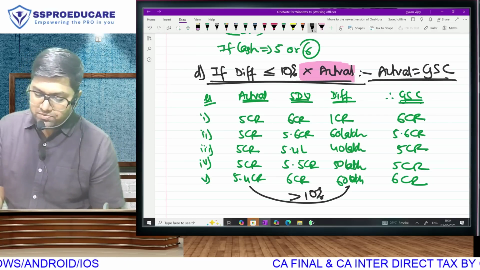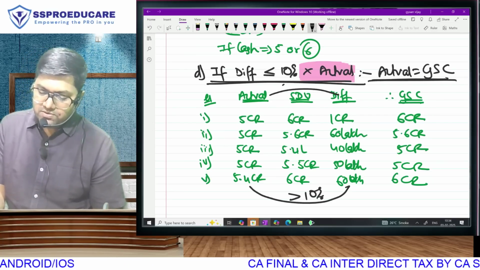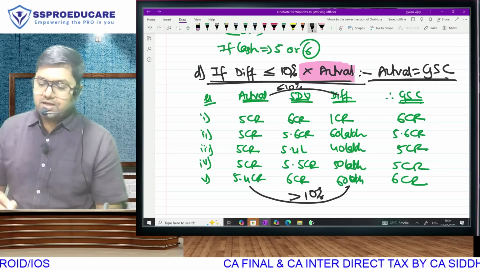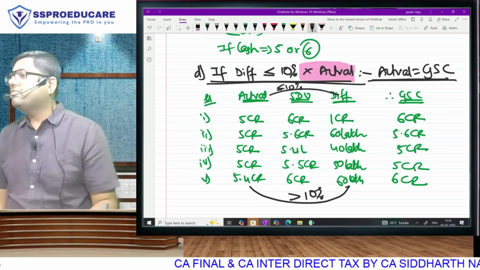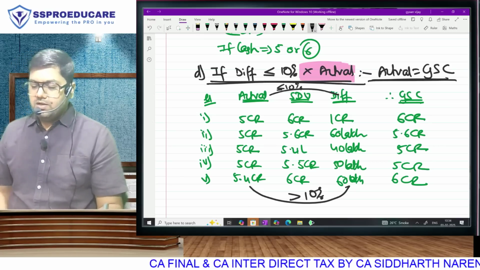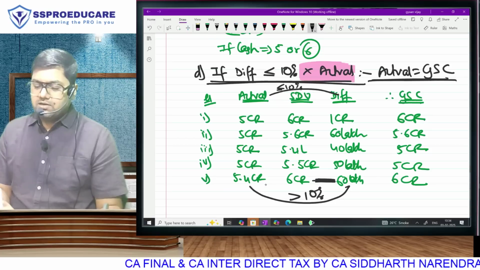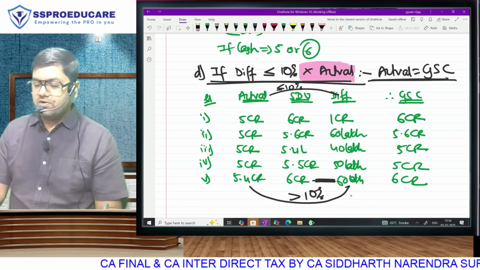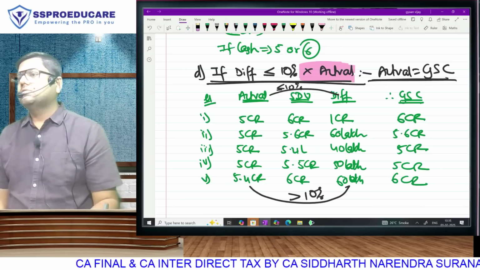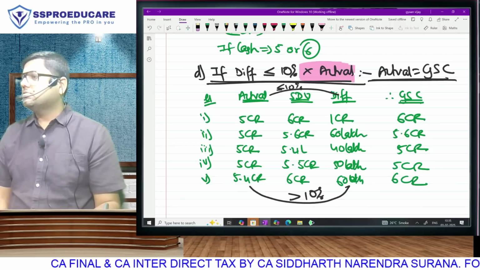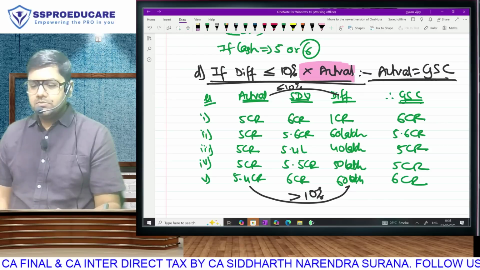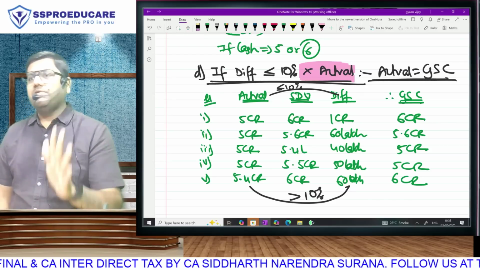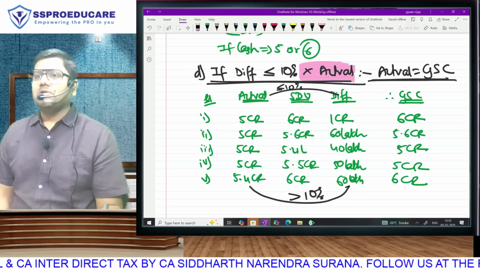The difference has to be less than or equal to 10% of actual, not of stamp duty value. On stamp duty value, it is equal to 10, but here it is more than 10 of actual, and therefore you have to pay tax on stamp duty value. Understood? If the difference is up to 10%, we will take your actual answer without fighting.